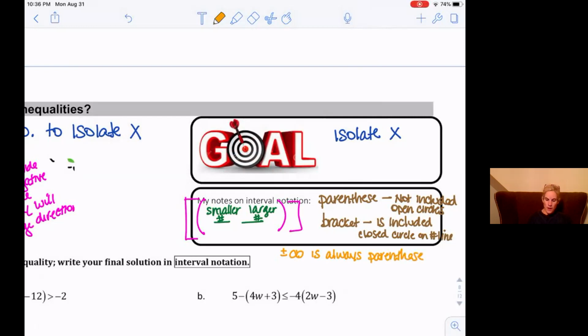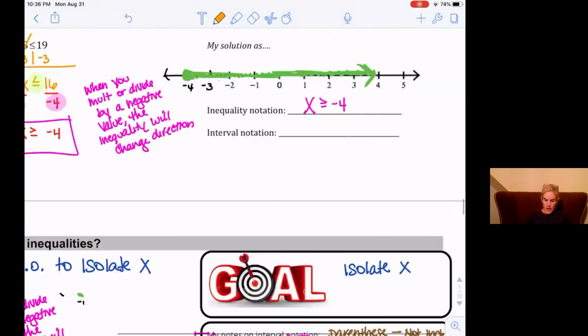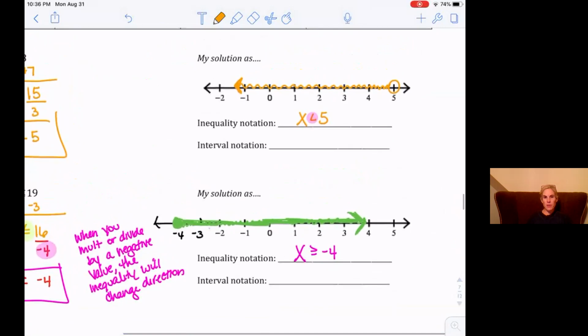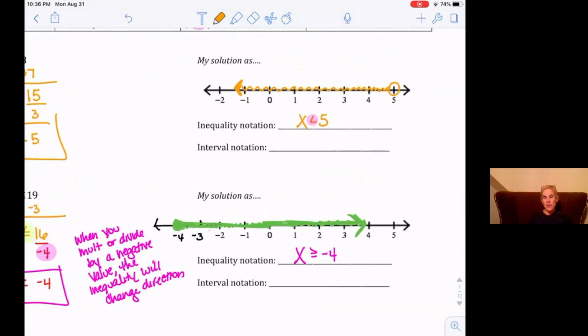Okay, so with that being said, I want to go back to these problems. All right, if we are going to take these solutions and write them in interval notation, like I said, it's going to be made up of two values. You're going to have a smaller value, comma, the larger value.